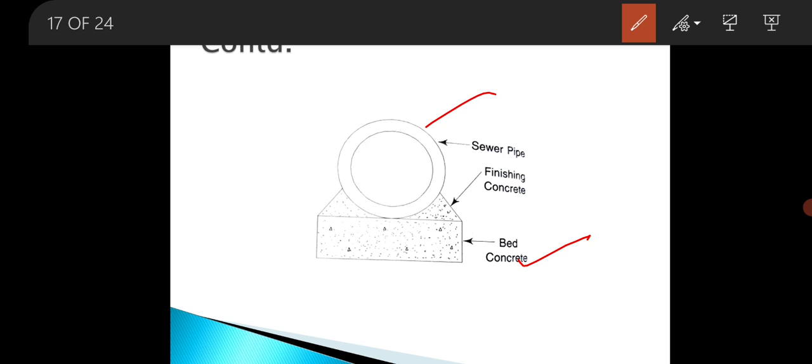After proper curing, the pipes are laid along the trench very carefully so as to prevent any cracking or breaking of pipes. Then the joining operation is performed according to the recommended joint, and after completion of the joining, both sides of the pipe are finished with concrete.